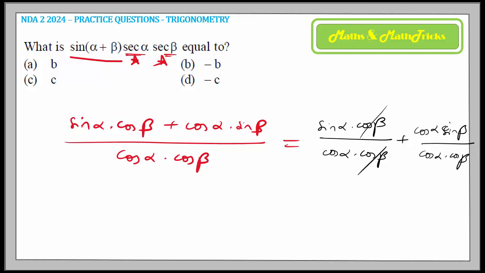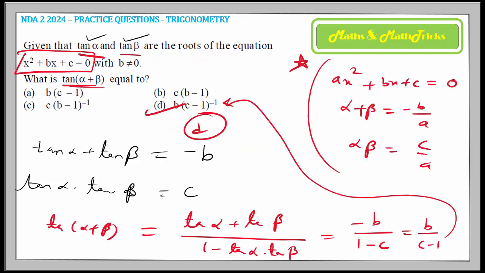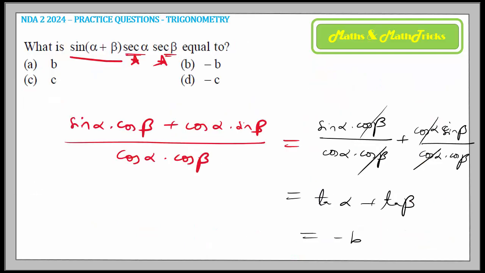Cos beta cancels in the first term and cos alpha cancels in the second term, and you are heading to tan alpha plus tan beta, again sin by cos for alpha and beta angles. Tan alpha plus tan beta we already calculated before. What was it? Tan alpha plus tan beta was minus b, and hence the answer to this particular question becomes option B. Is that all clear?